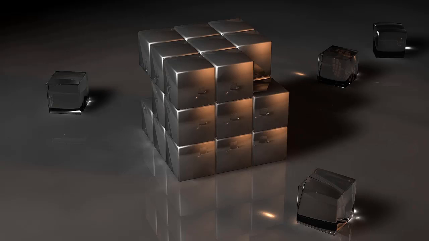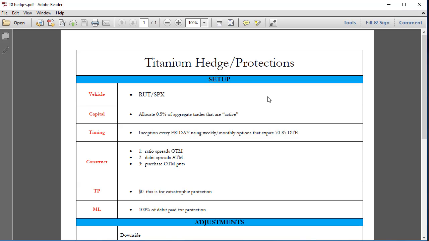Lastly is the gap risk and hedge protections. This is just a simple way to start approaching how you're going to protect portfolios or accounts that have a lot of overlapping trades in them.